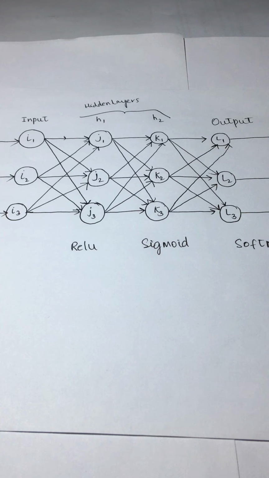Iterations are the number of batches needed to complete one epoch. So you need 4 iterations to complete one epoch.